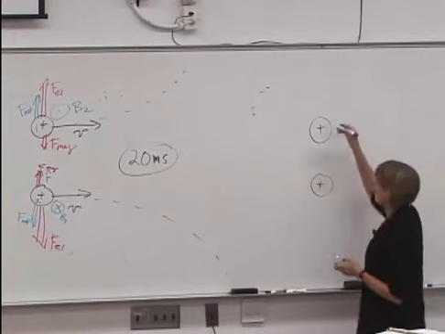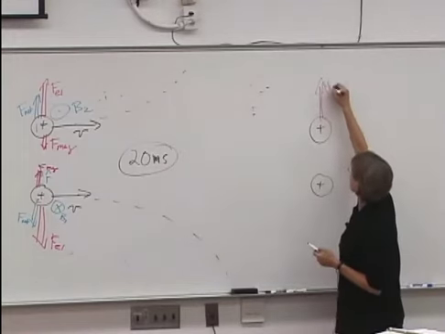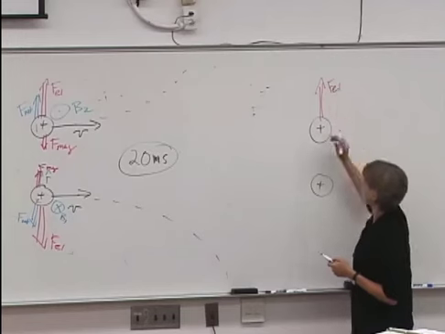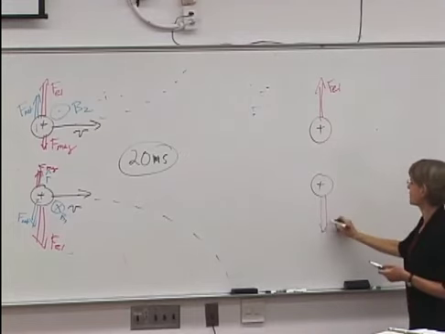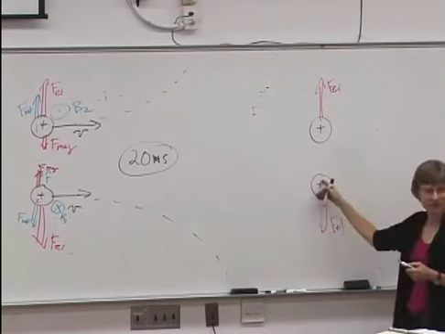At this instant, there's an electric force up. And is there a magnetic force? No, because there's no magnetic field, right? Nobody's moving. And there's an electric force down. Is there a magnetic force?